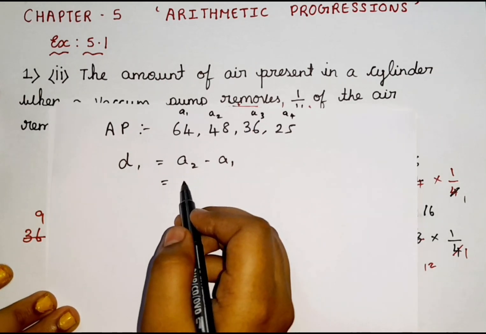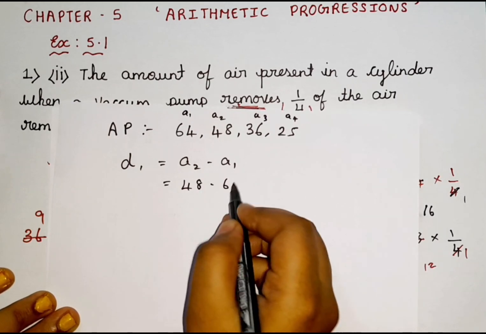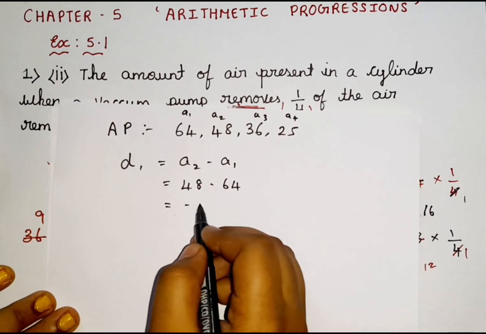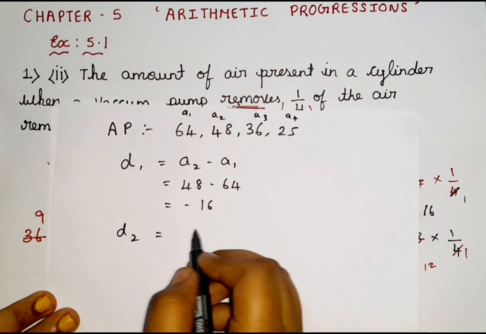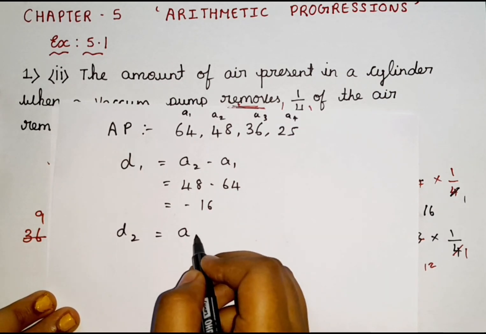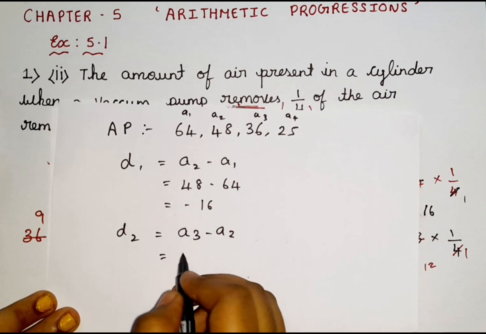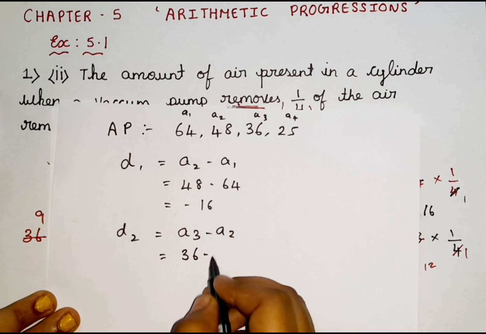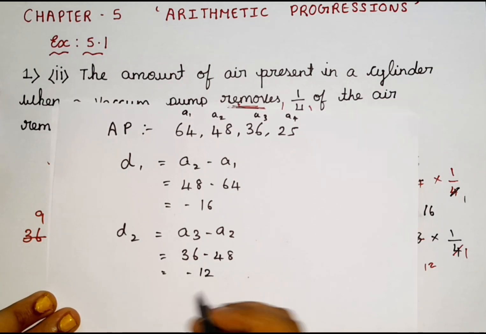The A2 value is 48. So 48 minus 64 is minus 16. Let us find D2, that is A3 minus A2, isn't it? So A3 value is 36 minus A2 value 48. When we subtract it, we will get minus 12.